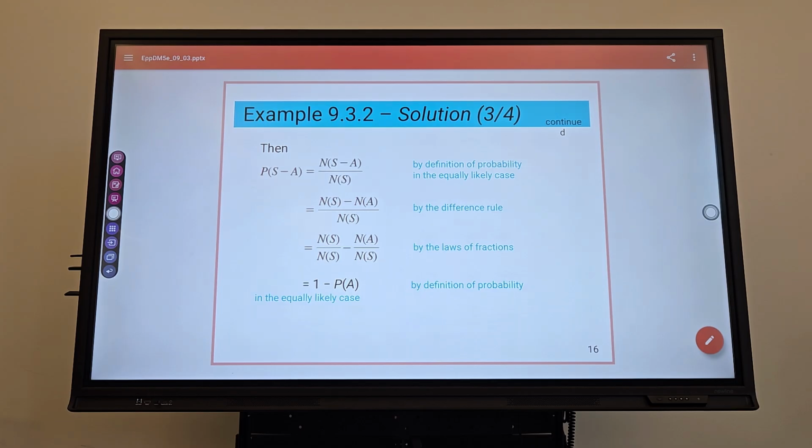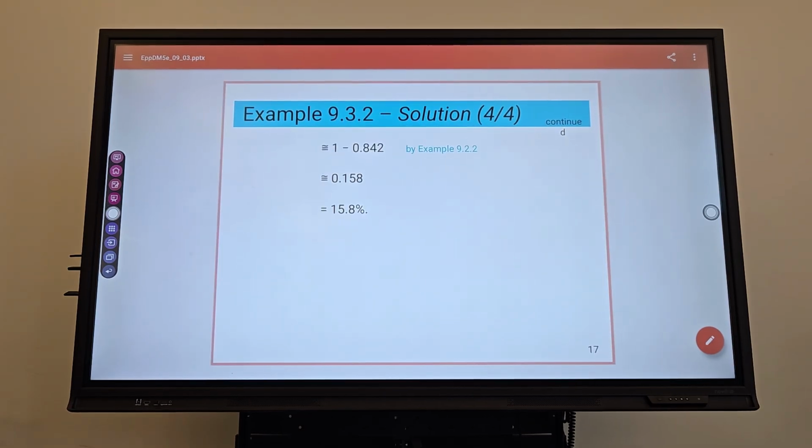So P of S minus A equals N of S minus A over N of S. And by the difference rule, that equals N of S minus N of A over N of S. By the law of fractions, you get N of S over N of S minus N of A over N of S, which is equal to 1 minus P of A, because of the definition of the probability in the equally likely case. 1 minus 0.842 is approximately equal to 0.158 or 15.8%, which is what we got with solution 1.